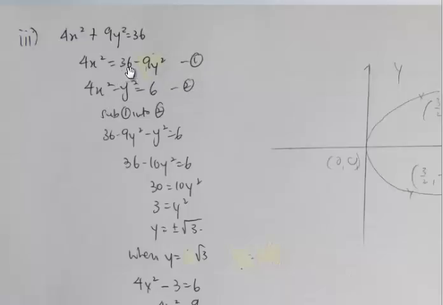So we substitute equation 1, which is 4x squared equals 36 minus 9y squared, into equation 2. So 36 minus 9y squared minus y squared equals 6. 36 minus 10y squared equals 6. 30 equals 10y squared. y squared equals 3. So y equals plus minus square root of 3.